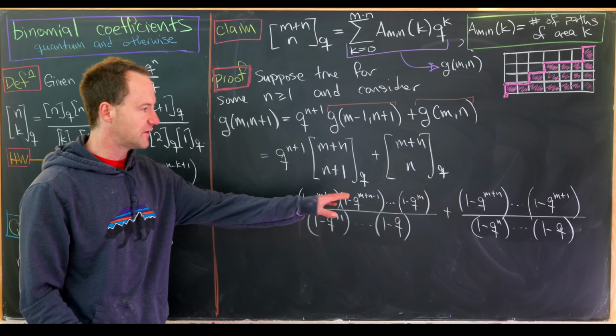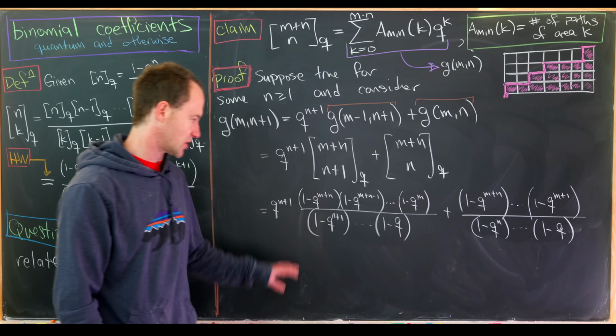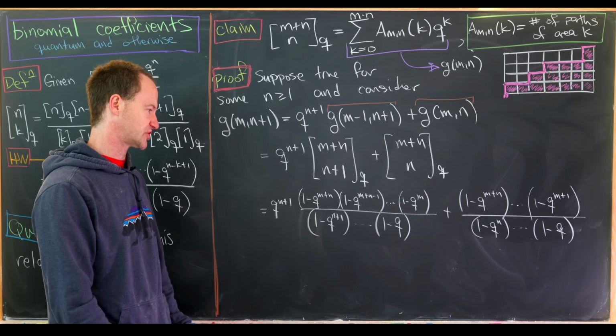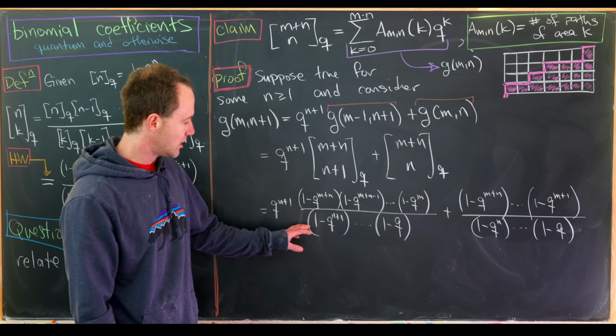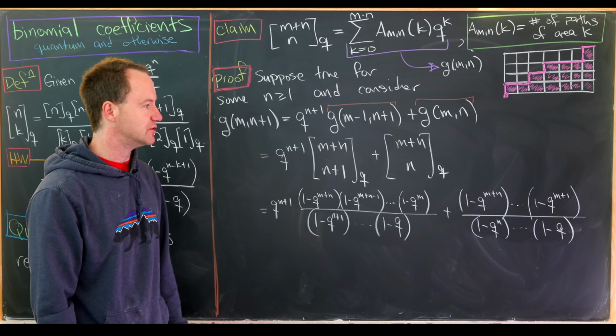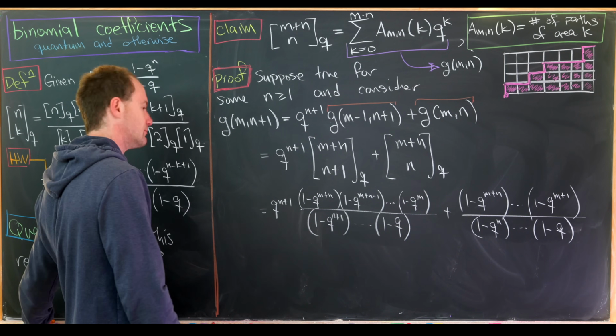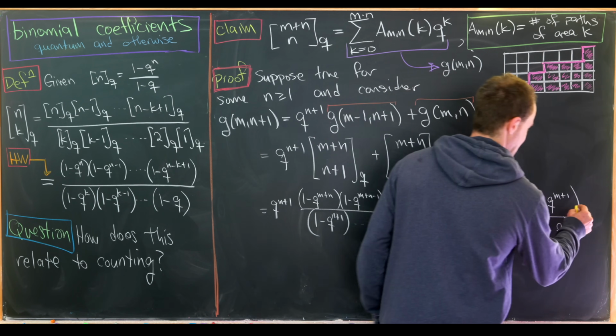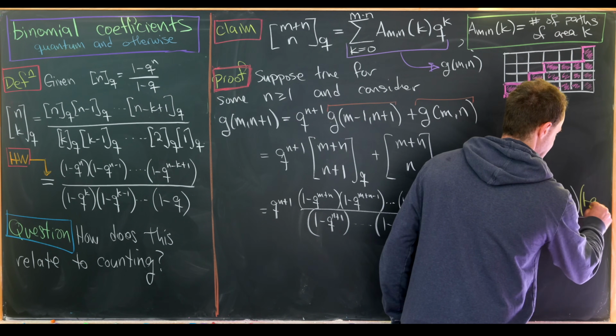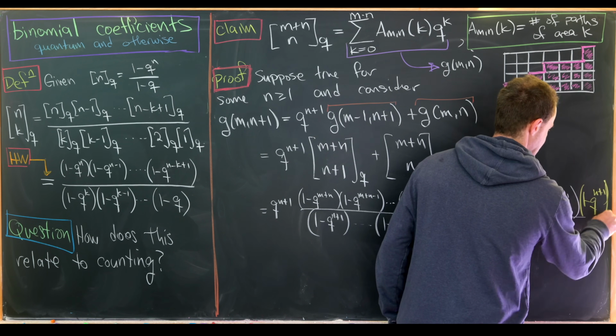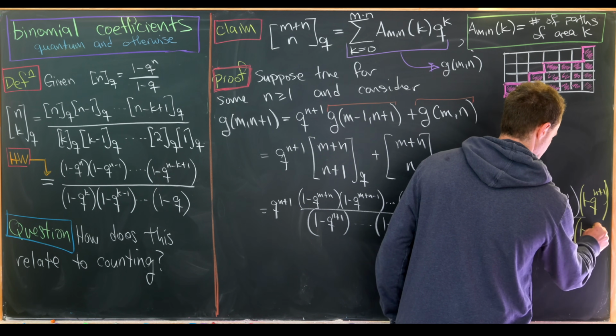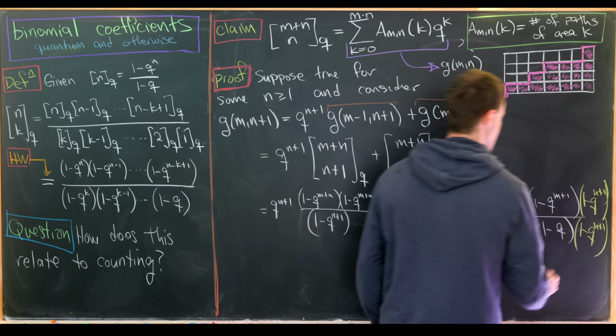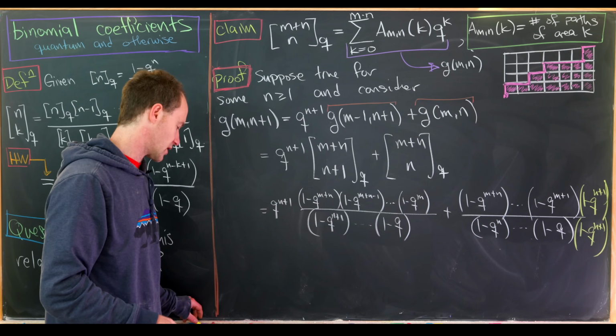But now we'll build the denominator in this second term so that we can combine it with the first term. So notice that all it lacks is this 1 minus q to the n plus 1. So let's multiply that in. So maybe I'll sneak it in over here. We have 1 minus q to the n plus 1. That's going to go there. It's also going to go here, 1 minus q to the n plus 1. But now our denominators are the same.